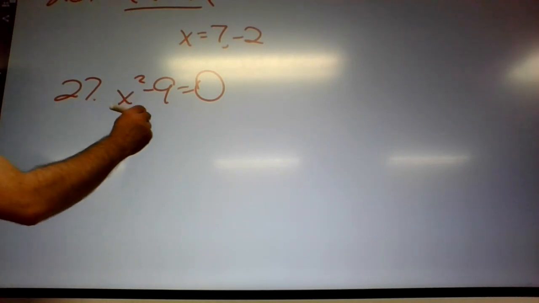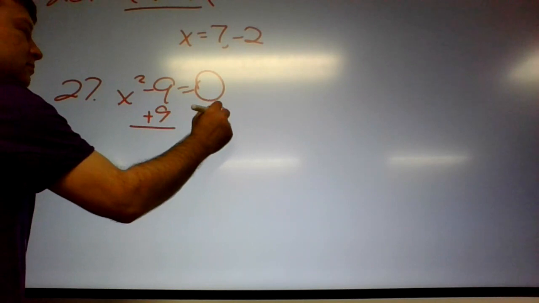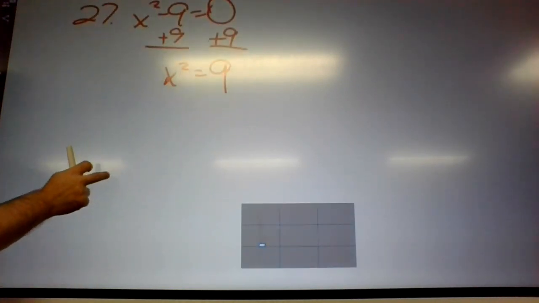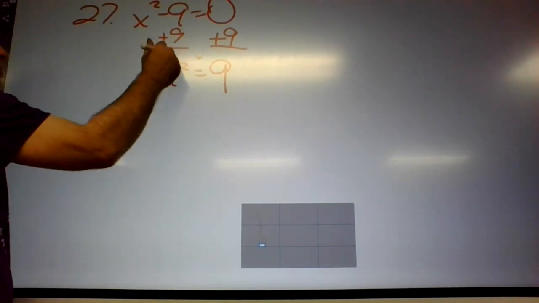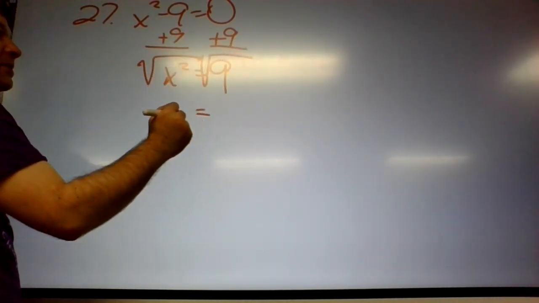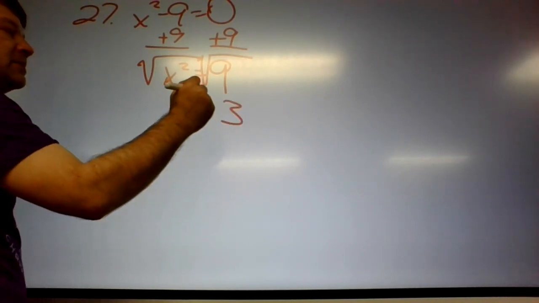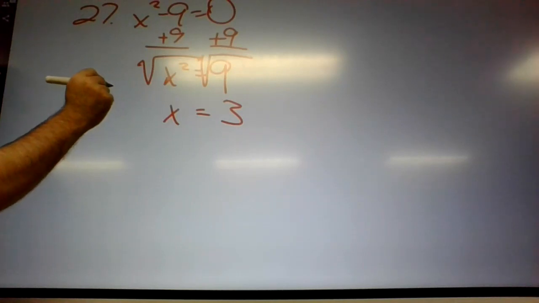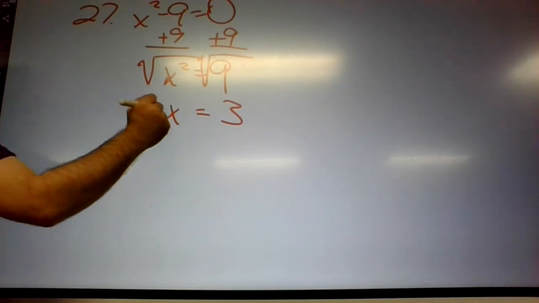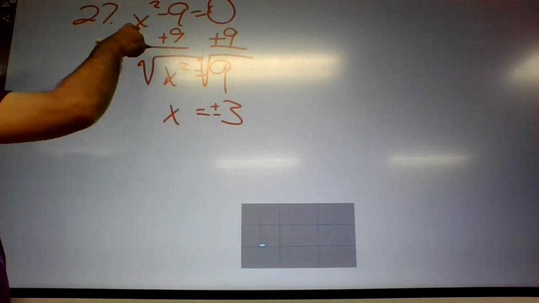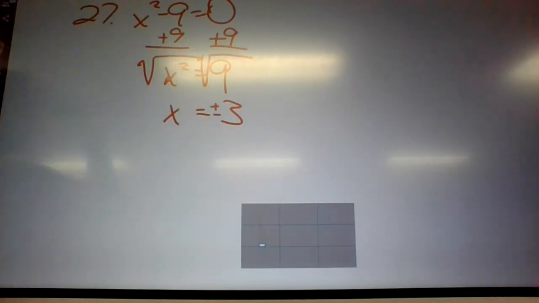Add the 9. And then square root, and then it would be 3. A little bit off. Plus or minus 3? Yeah, because negative 3 squared is also positive 9, so negative 3 would also work.